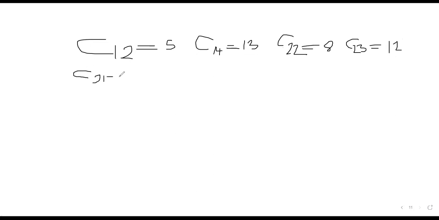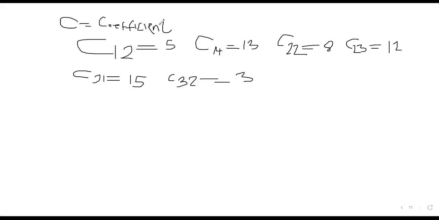C31 is equal to 15. C32 is equal to 3. This simply means coefficient. C stands for coefficient, in this case the coefficient of the basic variable, BV.